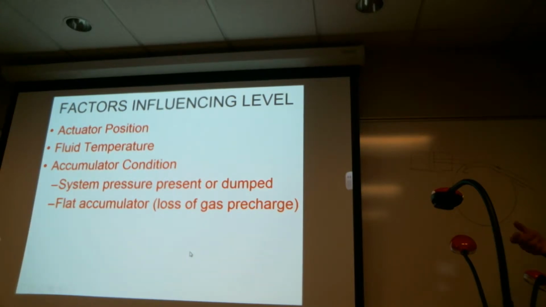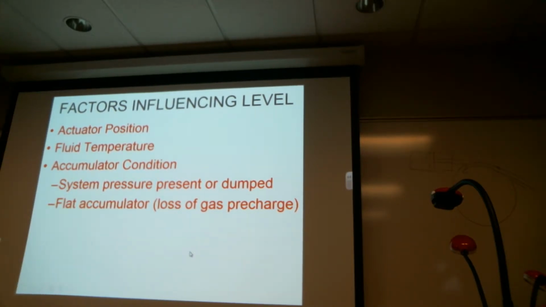When you release the fluid from the accumulator, guess where it goes back to? It goes back into the reservoir. So again, if you charge the system with fluid under pressure, it'll cause the level of the reservoir to vary. The other thing that would cause the level of the reservoir to vary is another thing associated with the accumulator. There's a term called a flat accumulator.